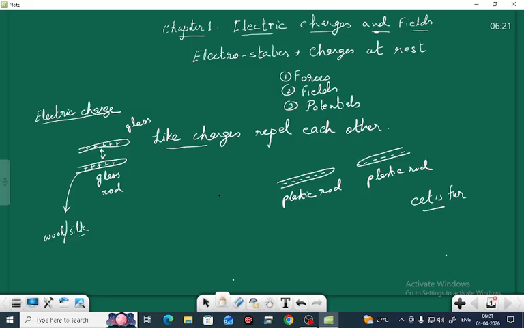But if we take this positive glass rod and this negative plastic rod together, we find that there is attraction. Here it is attraction, not repulsion.